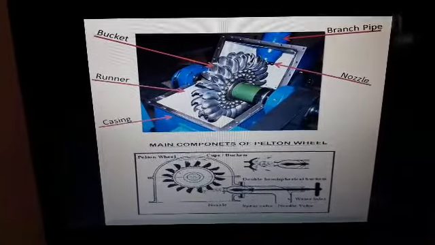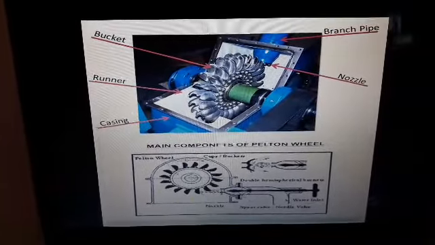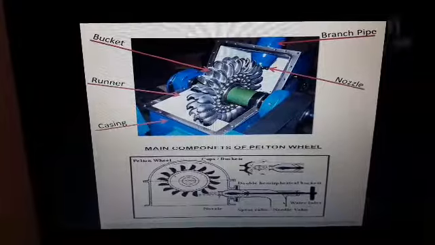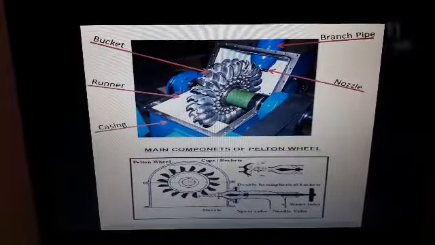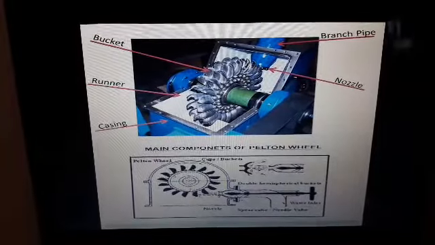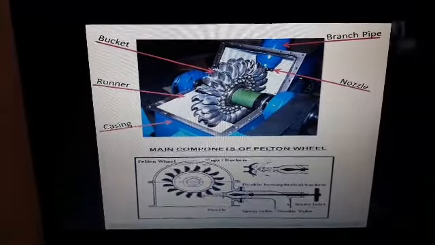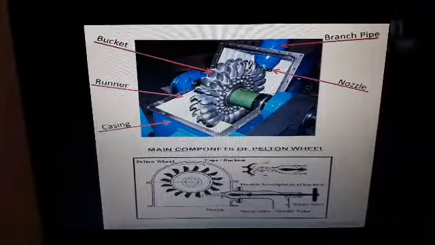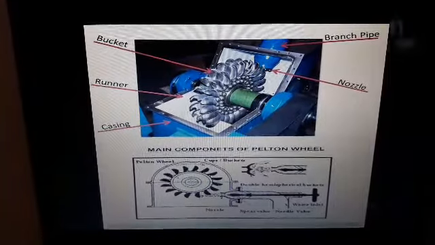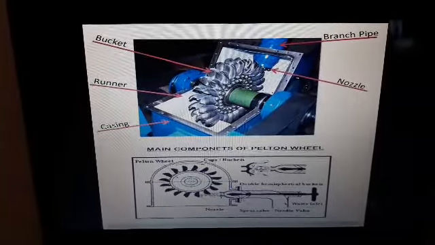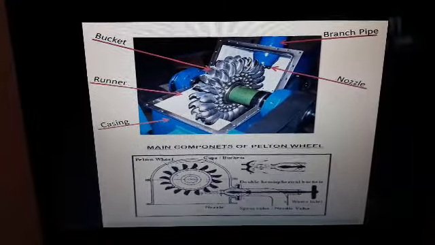This is the casing of the turbine, which is used to avoid splashing of the flowing water. This is the rotor of the turbine. These are the guide vanes or blades or buckets of the turbine, which are attached on the rotor of the turbine.